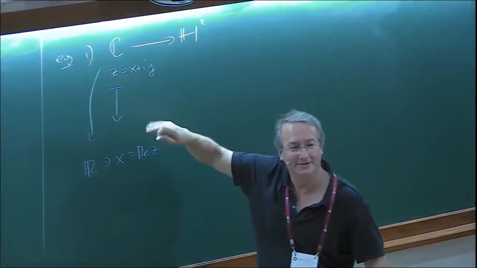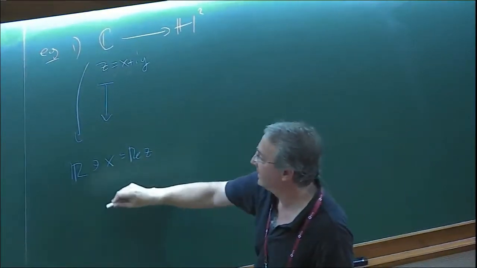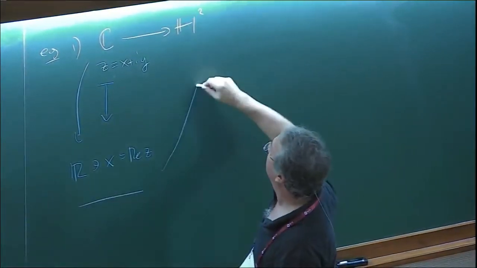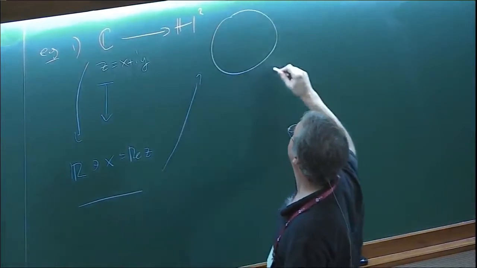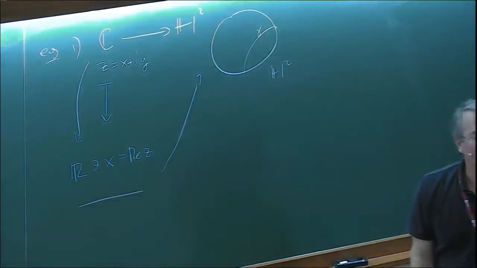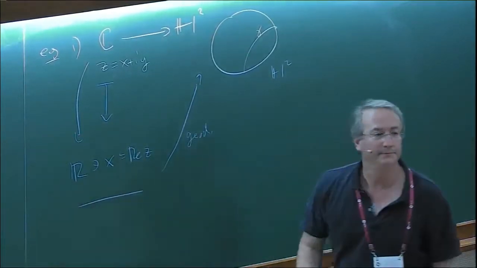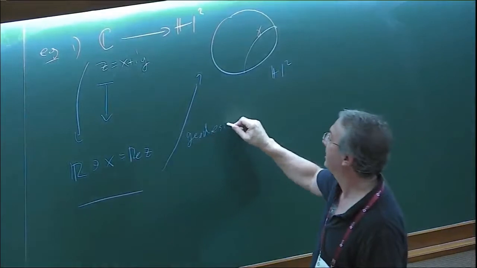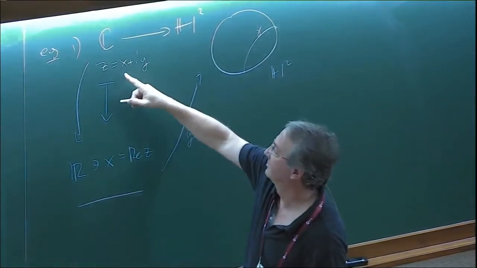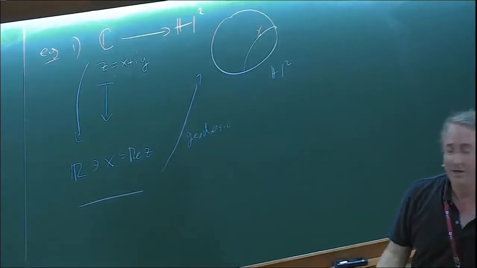Because it's got d by dx squared in it. And then, so now I'm down here on the line, and I'll take the line up into H2 as some geodesic, gamma. And that'll be an isometry. So the composition, z equals x plus iy down to x and up to here, is some map.